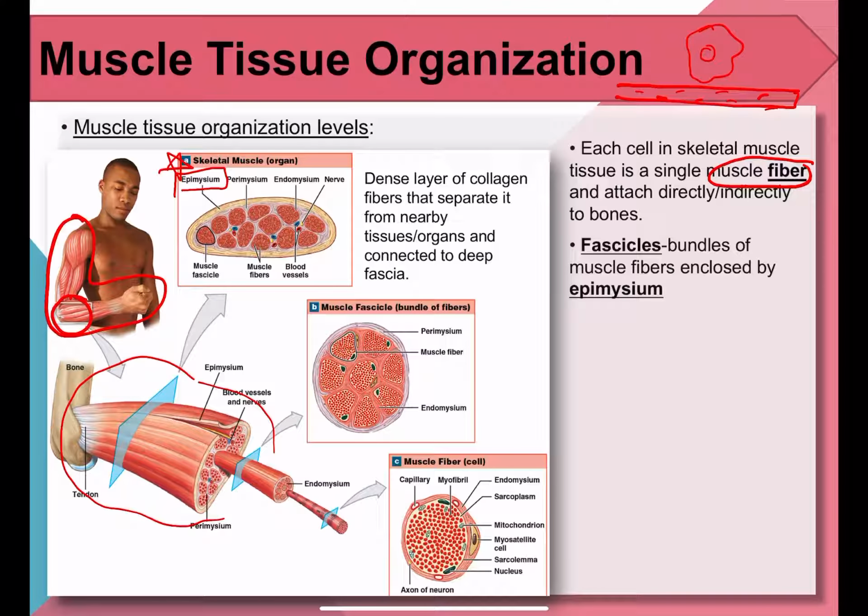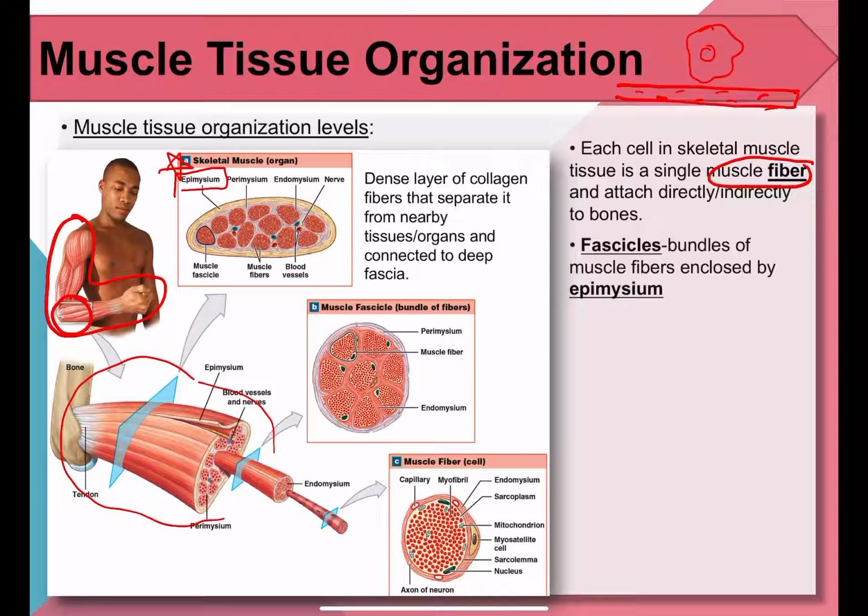And just like how bones have osteons, remember that bones, in compact bones anyway, have what I call little logs, those circular logs that you can pull out and look at the lamellae, the concentric lamellae that make up that log. Now for muscles, there's something similar. We don't call them osteons, they are called fascicles, okay?